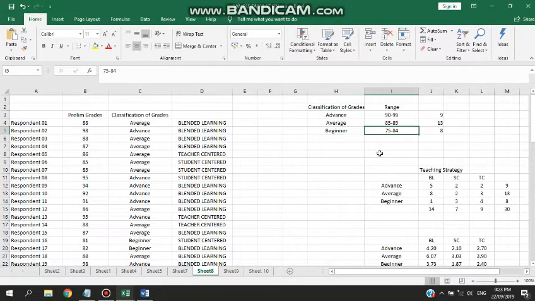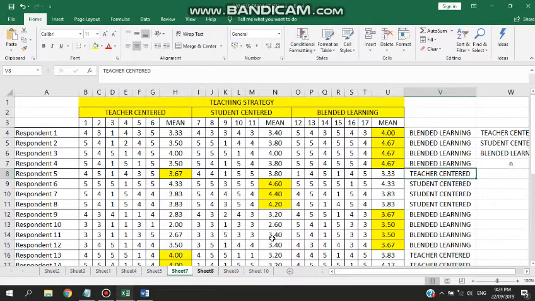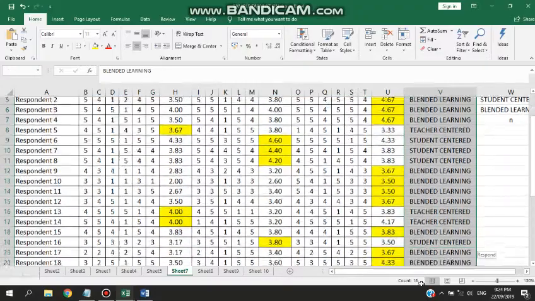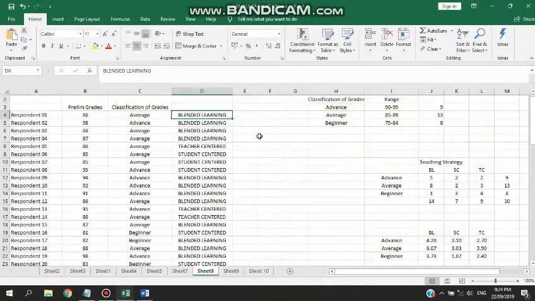We have the beginner, yung grade niya is ranging from 75 to 84, average 85 to 89, advanced 90 to 99. So, si respondent number 1, grades niya is 88. Classification of grades niya is under average. Okay? As you can see, katabi nito yung most observed teaching strategy nila, which is na-copy ko lang dito, and I just pasted it here.